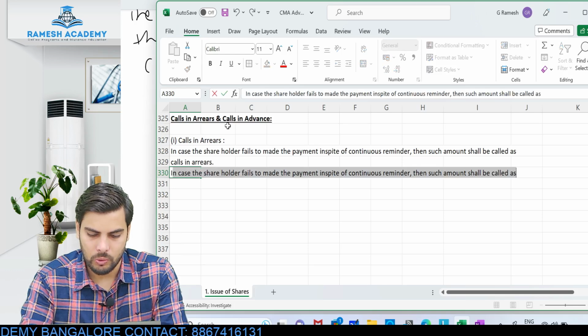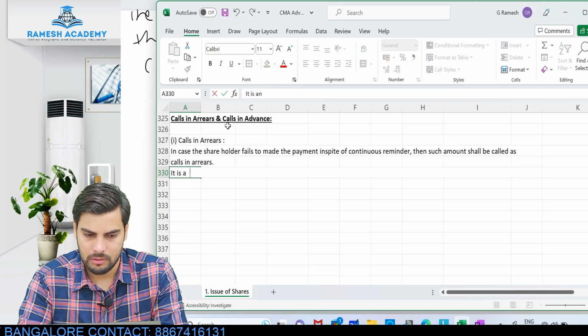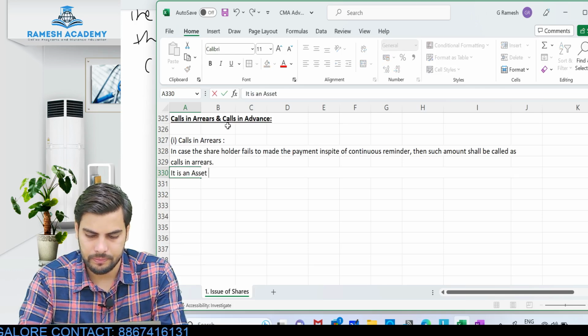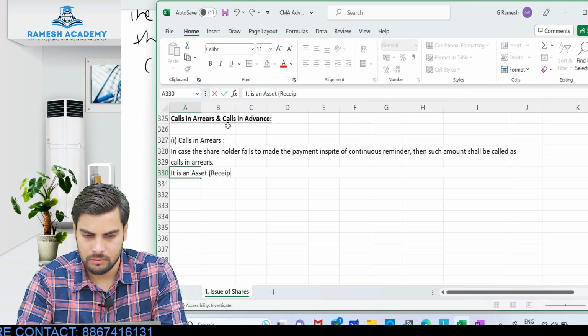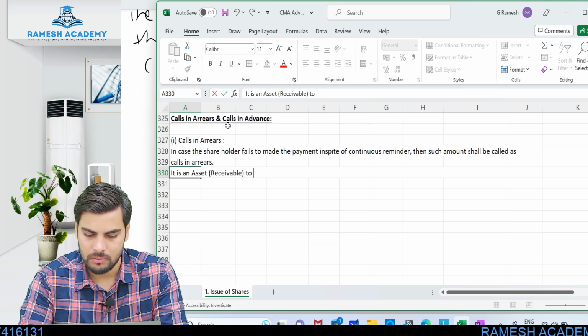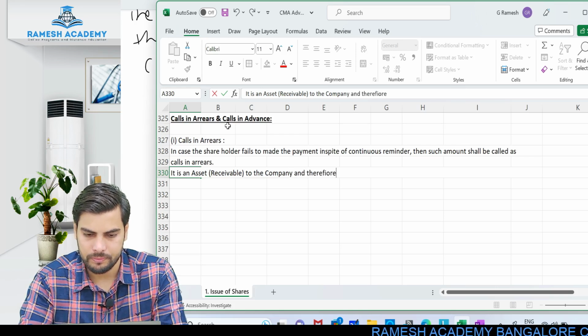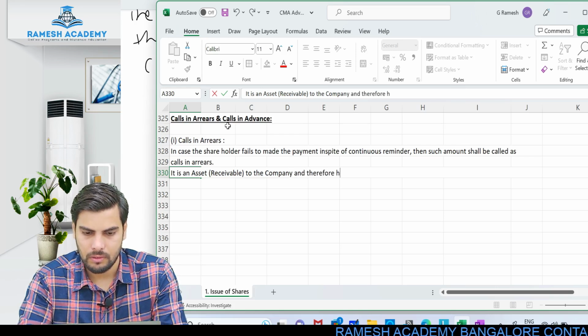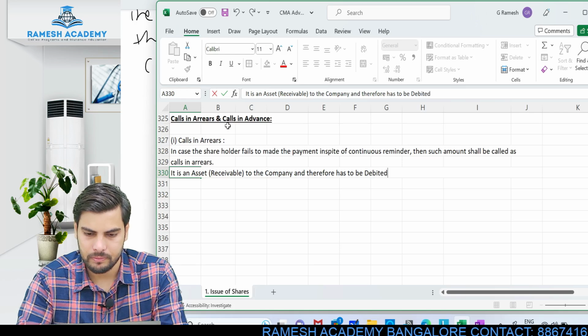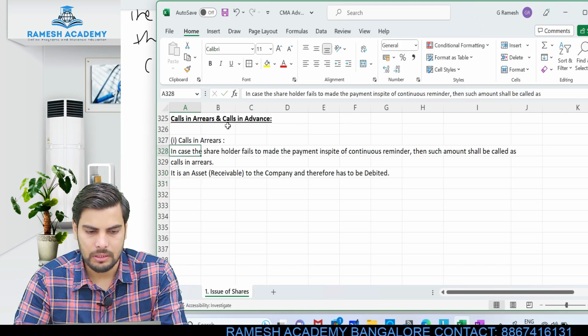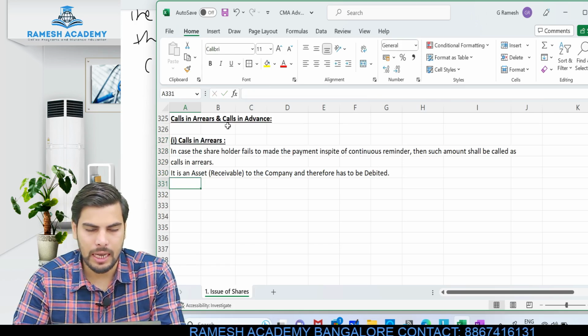So it is an asset that is receivable to the company, and therefore has to be what? It has to be debited. Simple. Just remember this much: calls in arrears has to be debited.